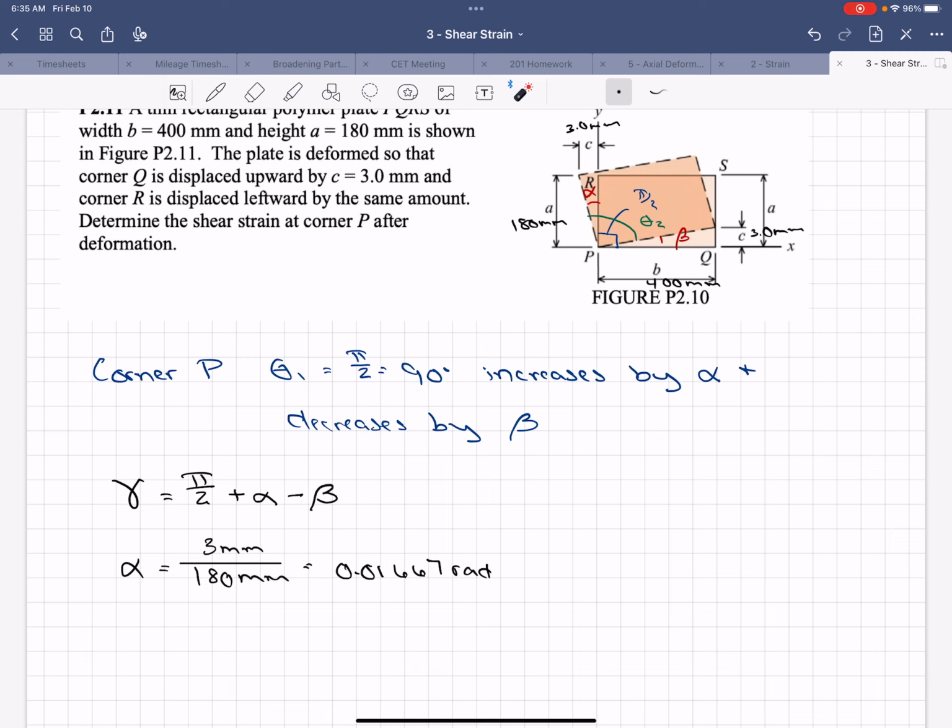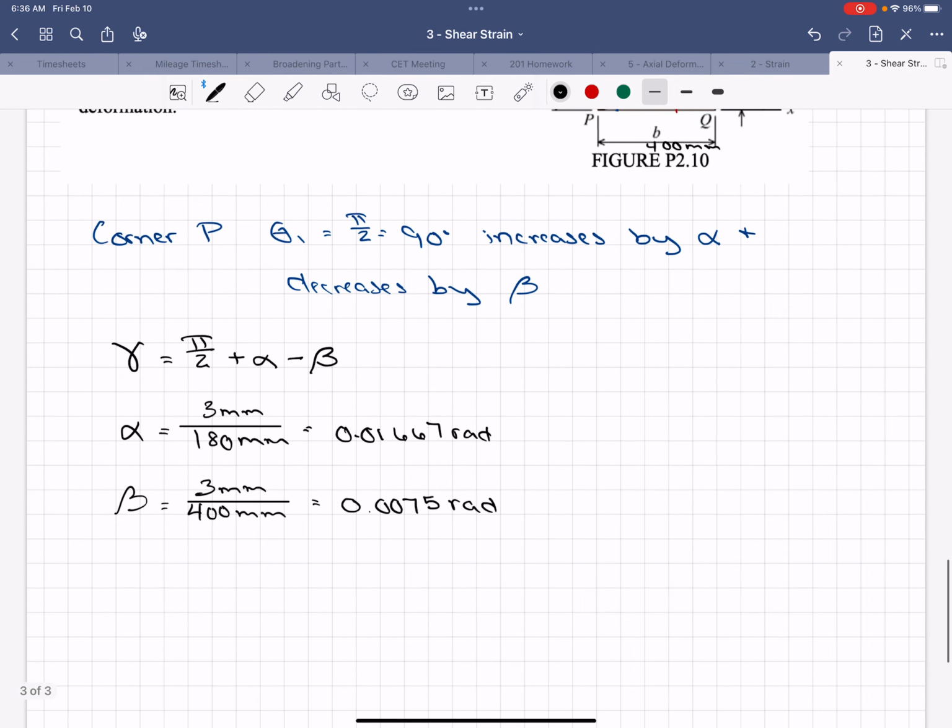We have opposite and adjacent but small angle theory lets us just say that beta equals 3 millimeters all over 400 millimeters, and we get 0.0075 radians.